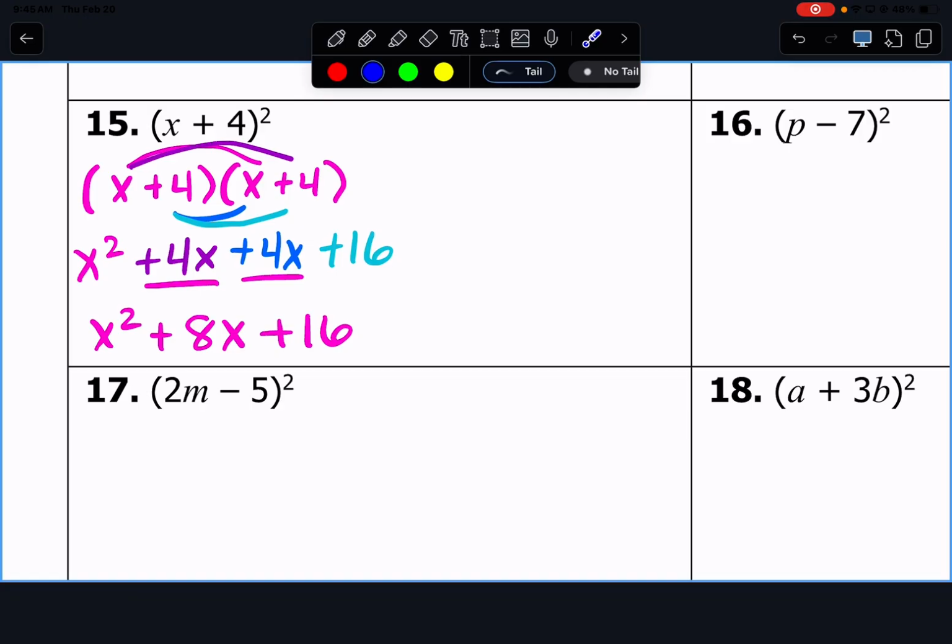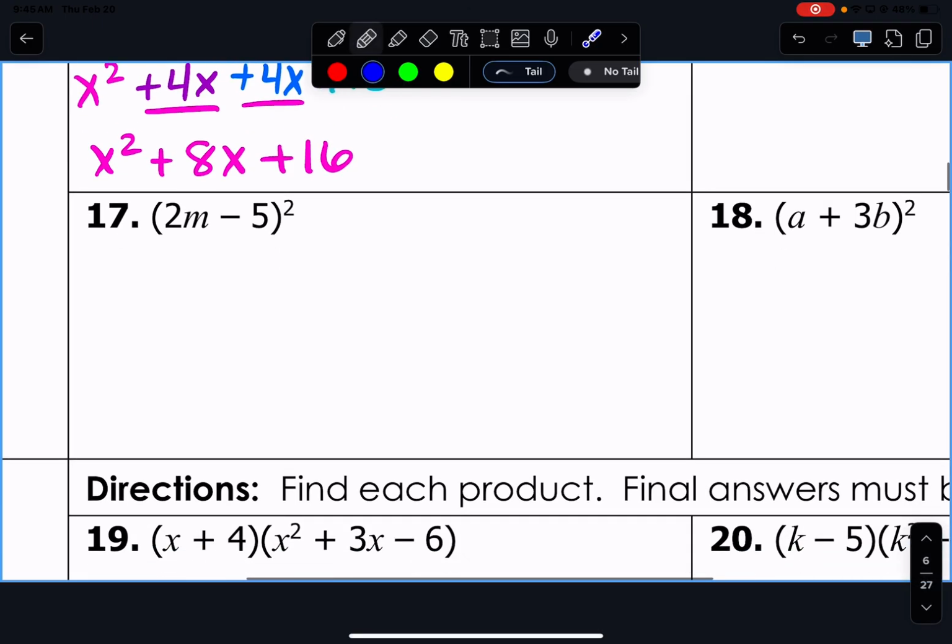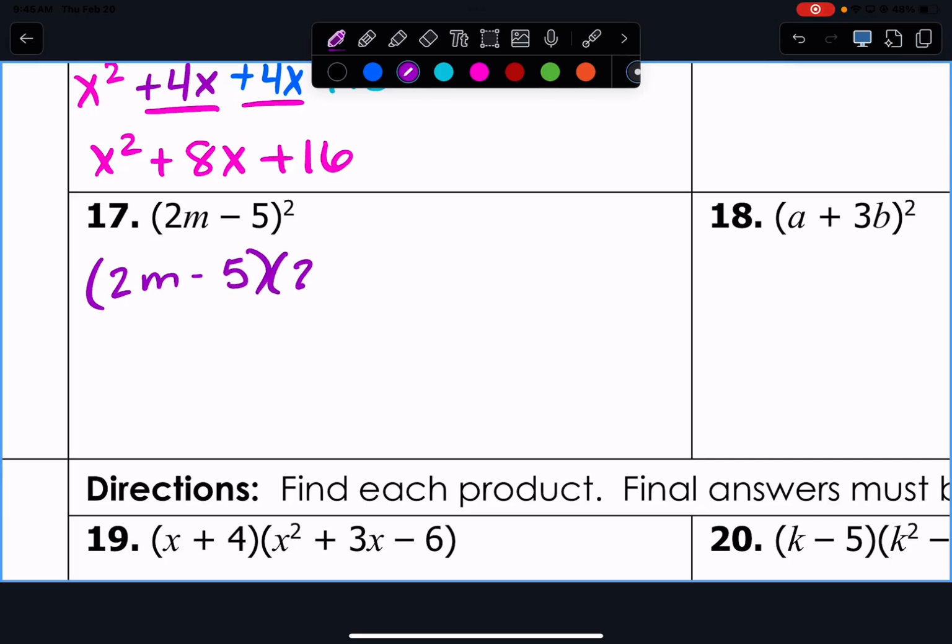So let's go ahead and look at number 17. What do I need to do first? Split them apart. So I get 2m minus 5 times 2m minus 5. What should I start with multiplying? 2m times 2m is? Then I need to multiply 2m by negative 5.